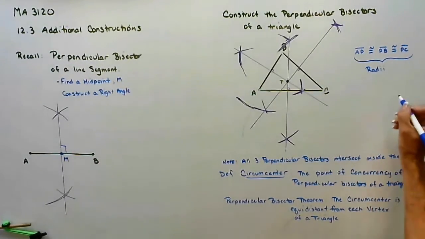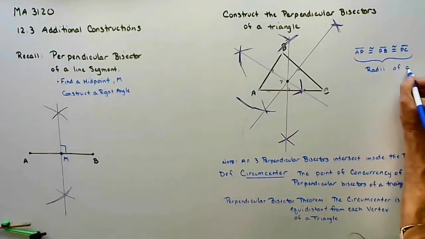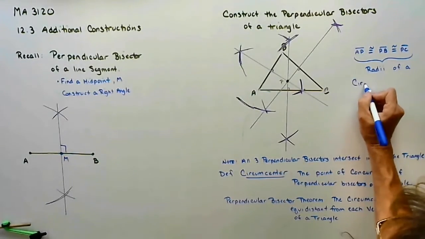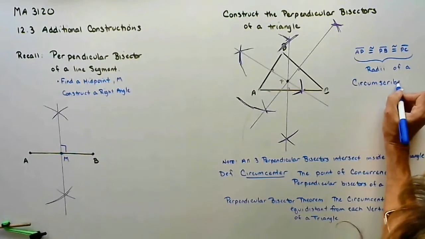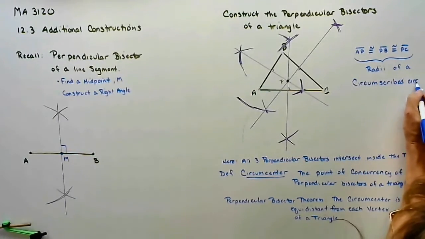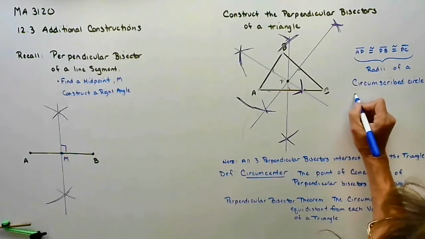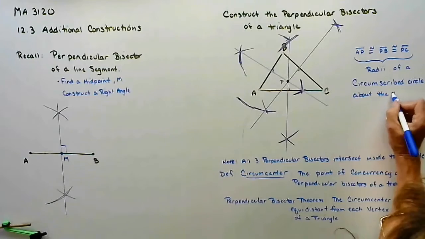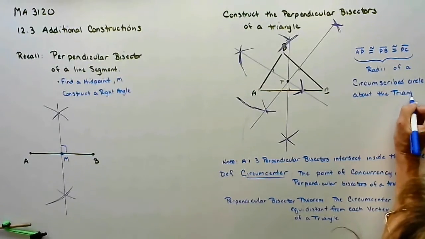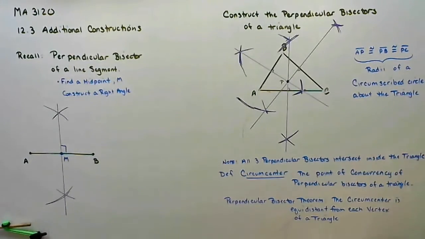They are the radii of a circumscribed circle about the triangle. So this time we're going to have a circle on the outside of the triangle.